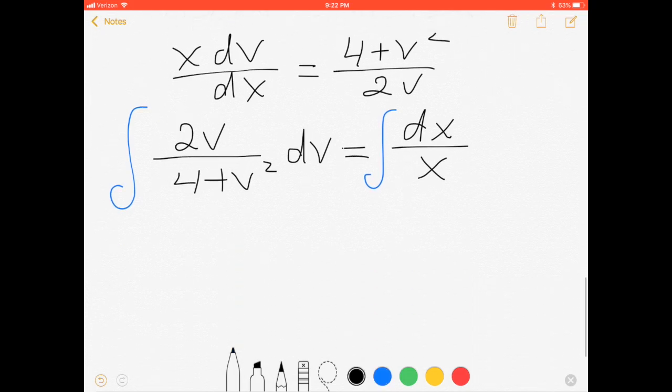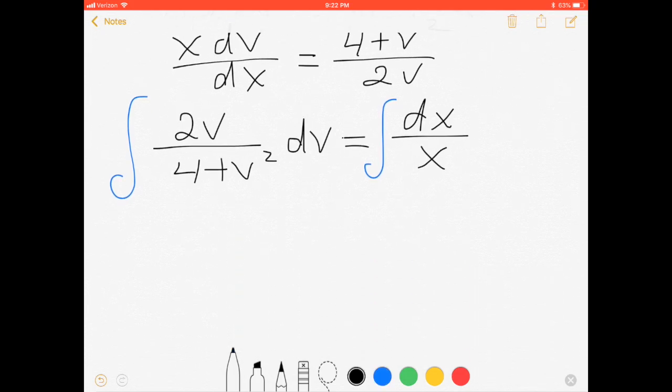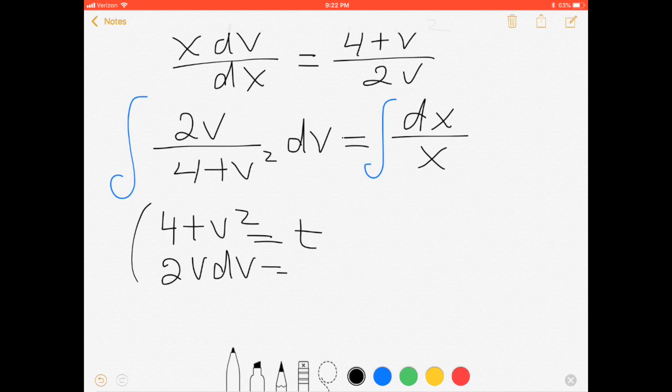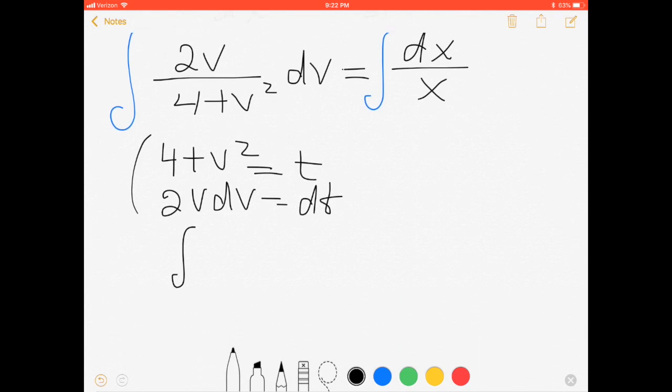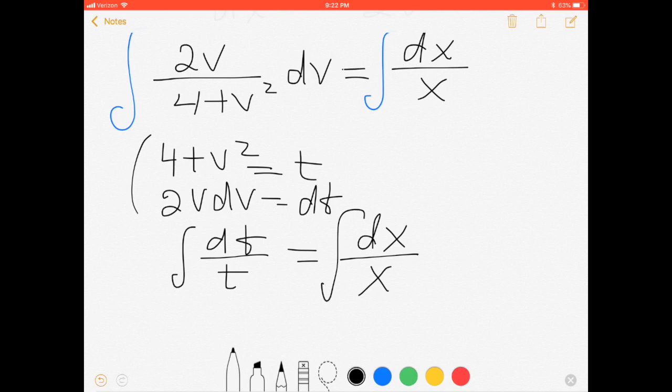Okay, maybe I do it one more time step by step. Here, 4 plus v squared, let it be t. Then 2v dv will be dt. And this means I have the integral of dt over t equals the integral of dx over x.